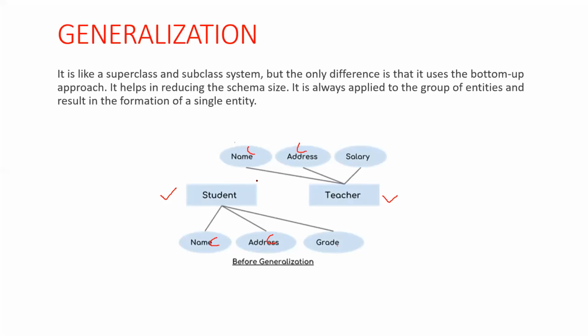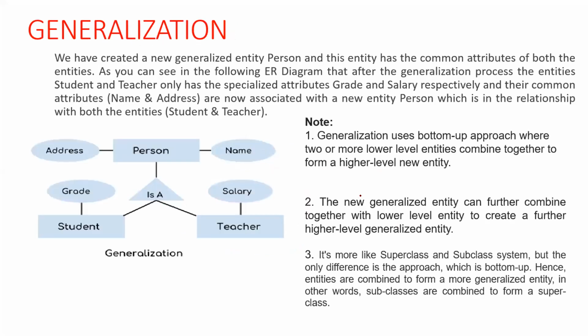Now I am going to connect the student entity and teacher entity without the common attributes. Then you can see the person is a new generalized entity with the common attributes, name and address. We are establishing the relationship with person from student, and from teacher.